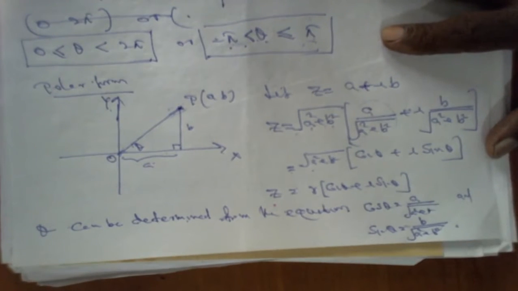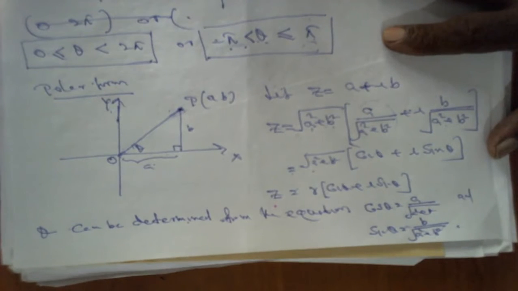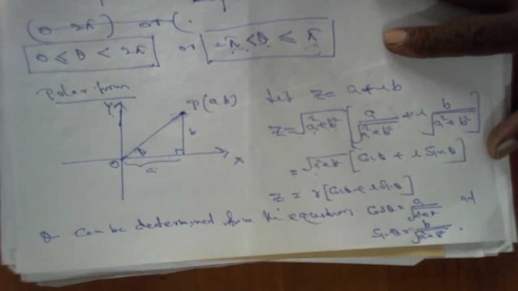You can define it like this, right? If you confine to one circle, theta has a single solution, right?